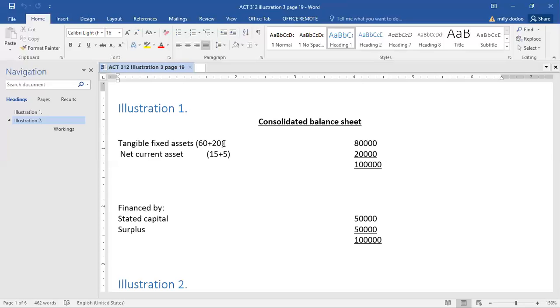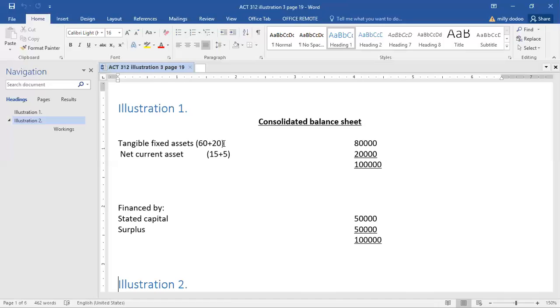So the net current asset of H, 15,000, and then that of S, 5,000, is added together. 60,000 here plus 20,000 here is 80,000. 15 plus 5 here is 20,000. Then you add the two, you get 100,000.